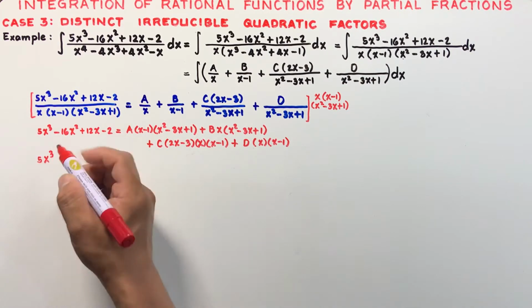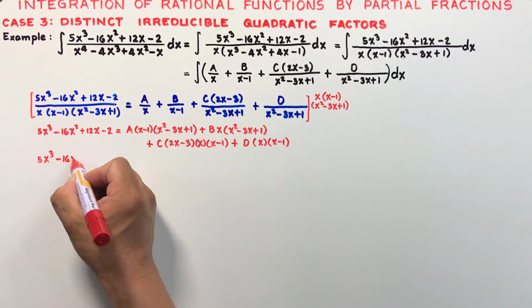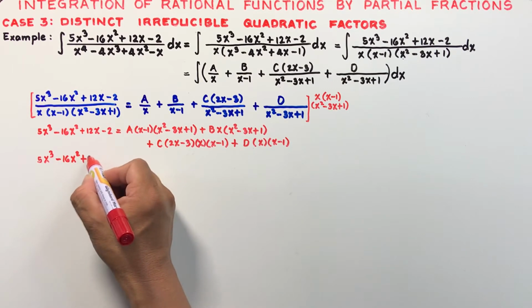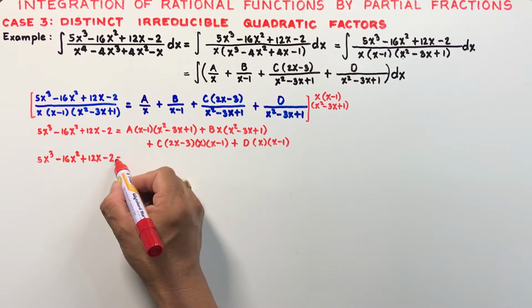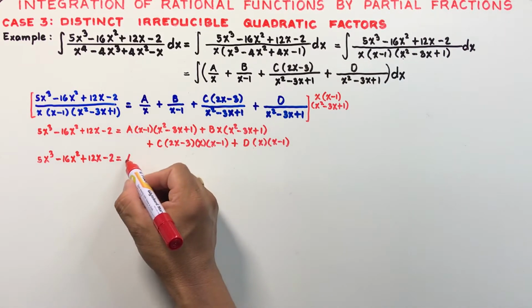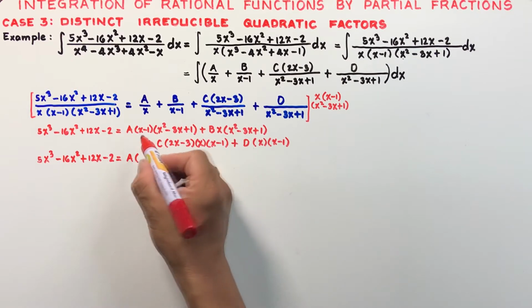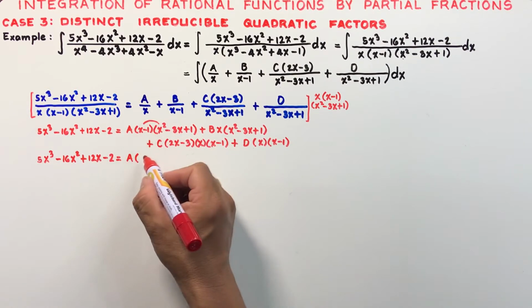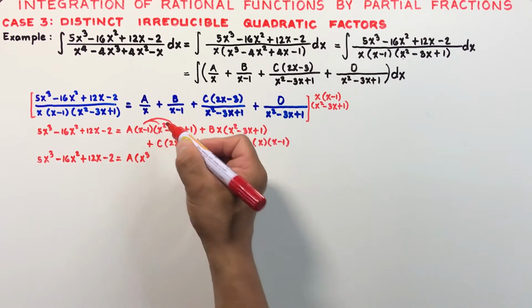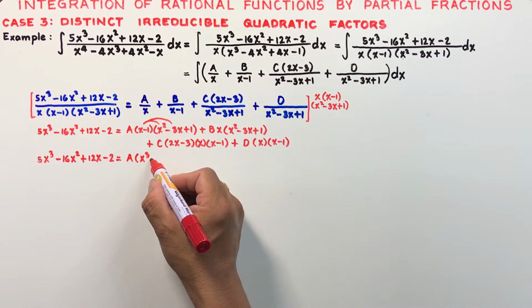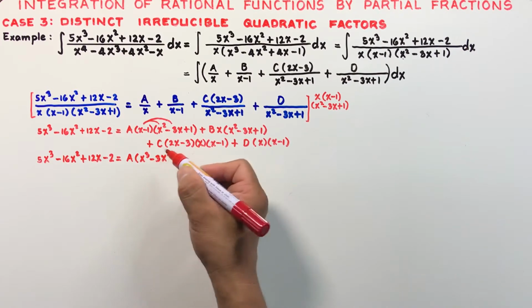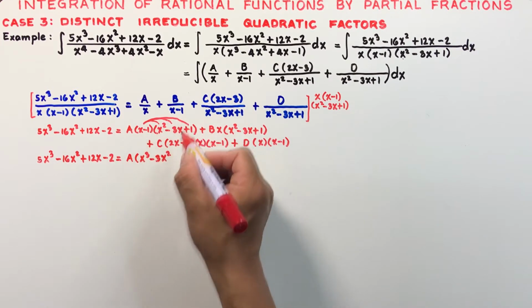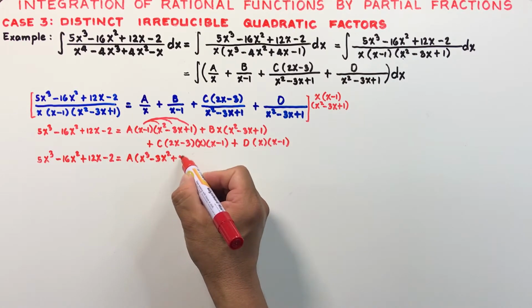5x cubed minus 16x squared plus 12x minus 2, which is equal to A times x squared, which is x cubed, and x times negative 3x is negative 3x squared, and then x times 1 is x.